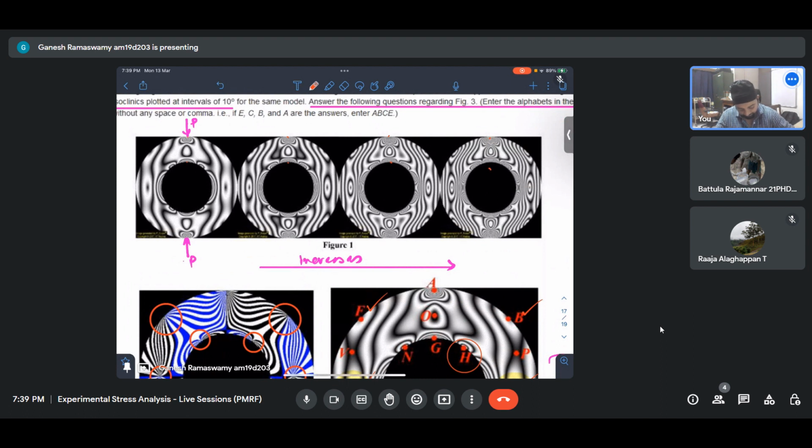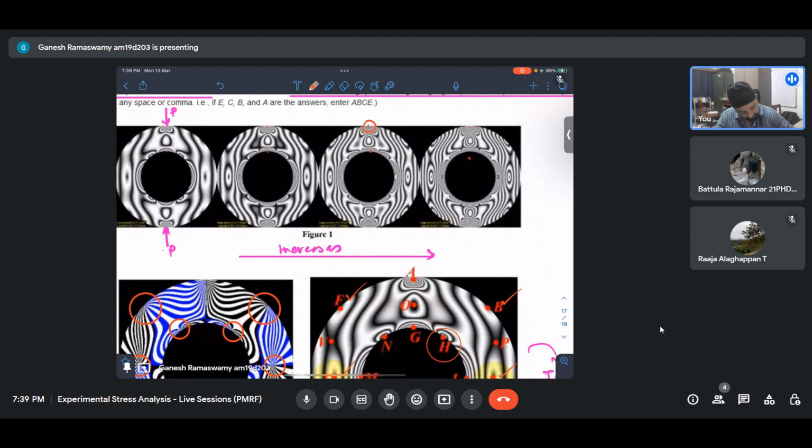So we have source here, then we have source here. Then I'm able to see from the animation that these points will also act as sources from where fringes emanate out.